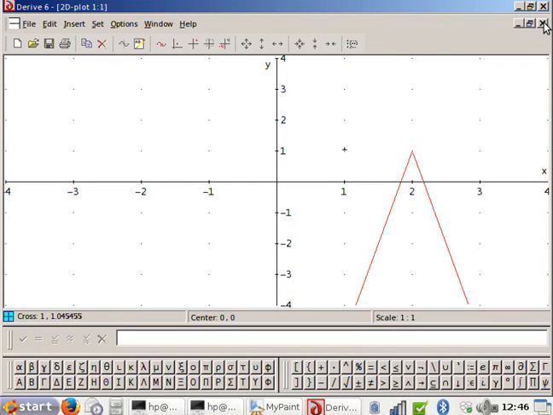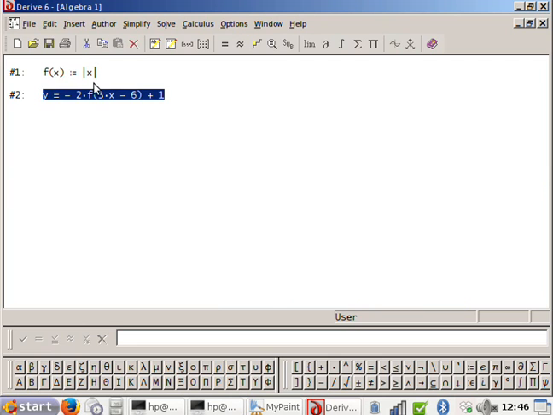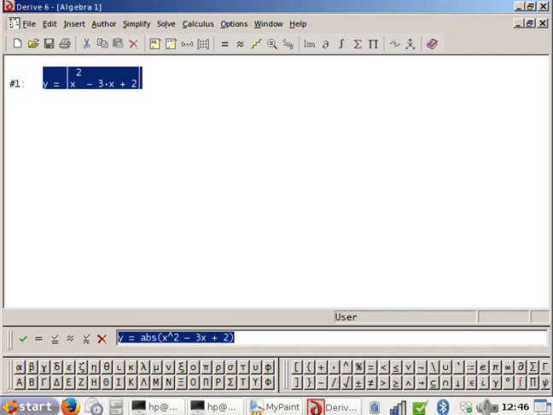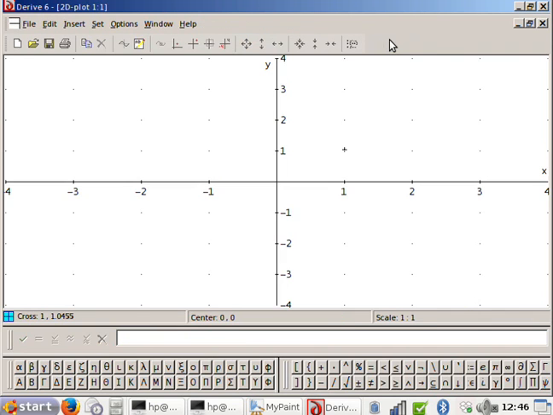Okay, can you just read it back to me? Wait 1 second, sorry. Okay, y equals absolute of x squared minus 3x plus 2, isn't it? Okay, let's graph. Yeah, something like this.